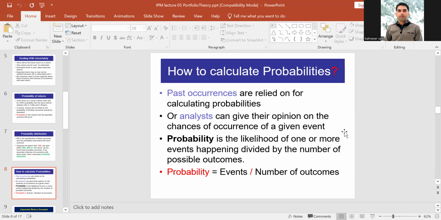For example, if in the past 5 years, 10 years, or 20 years, oil prices rose 5 times, stayed flat 3 times, and fell 2 times, we can assign probabilities of 0.5, which is 50%, 0.3, which is 30%, and 0.2, which is 20%, on the basis of historical data.